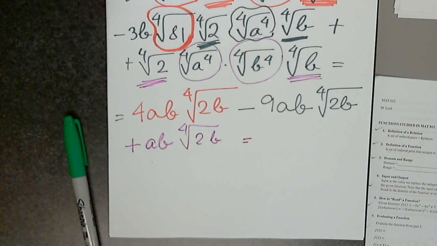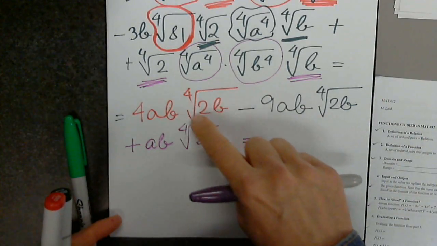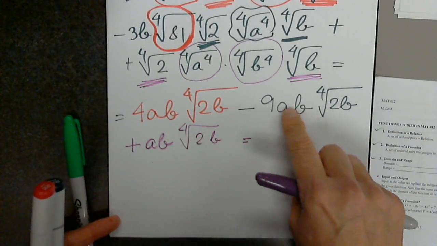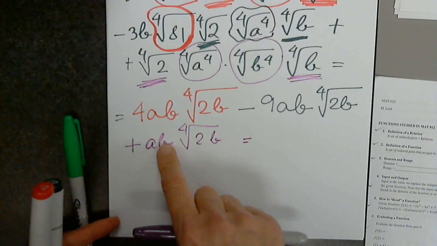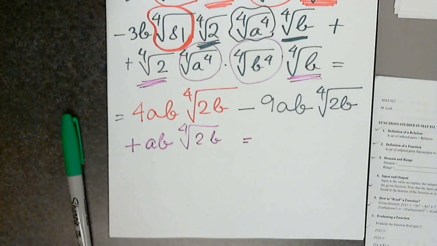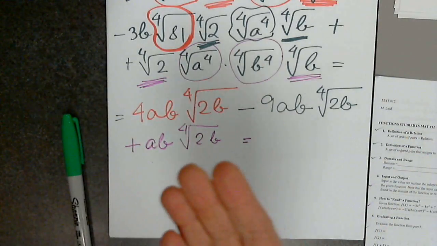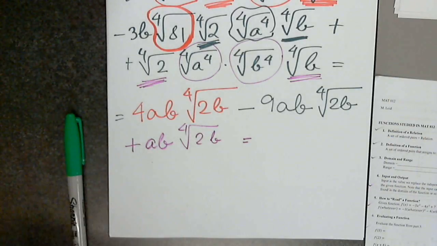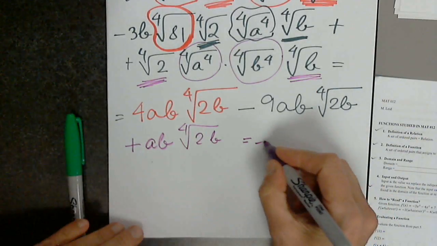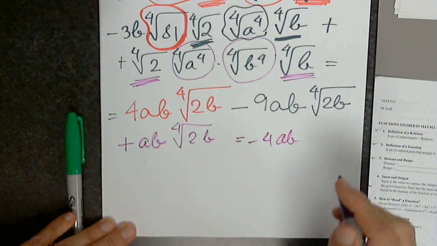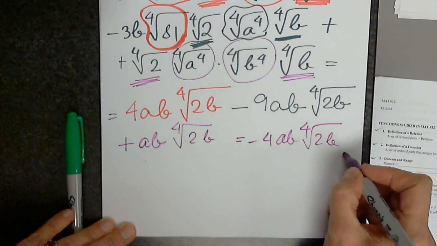Are they like radicals or not? Yes, because they have the exact same radical, the fourth root of 2b, all of them. They have the exact same variables in front, and both variables in front have the same power. So now this is like saying 4 minus 9 plus 1. How much is 4 minus 9 plus 1? Negative 4. And what else? Yes? And times the fourth root of 2b.